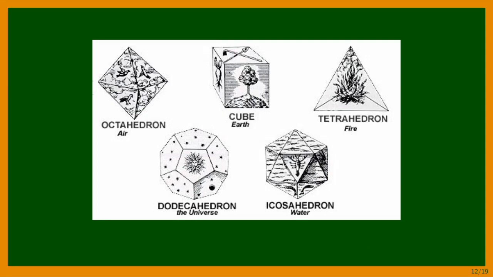Saan nyo pa makikita ito, no? Halimbawa yung icosahedron, yung structure ng mga macrophages ba yun sa biology? Parang pag nag-drawing, ang itsura nila parang yan, tapos may paa silang parang scary na ganon. Ganyan, di ba?